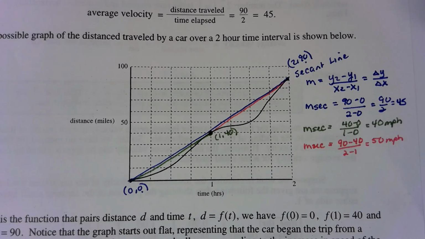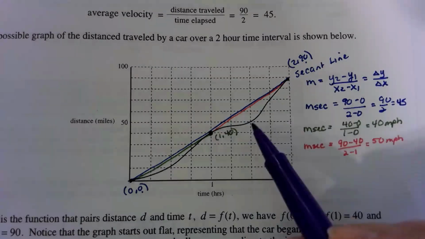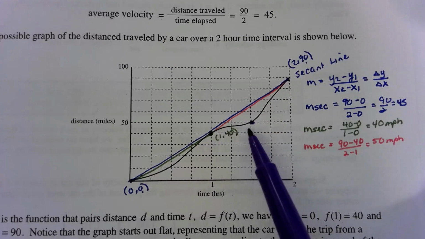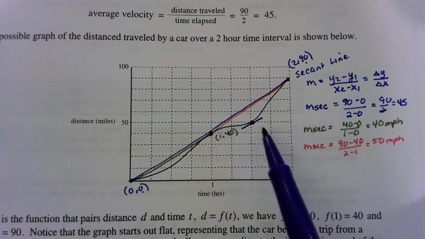Okay, so the slope of a secant line over an interval is just the slope of a line between two endpoints over some interval. Could be any one that you're asked to find, and on this graph we could find a whole bunch. The problem happens when we say, I want to know what your velocity was at exactly the moment when t is equal to 1.5 hours.